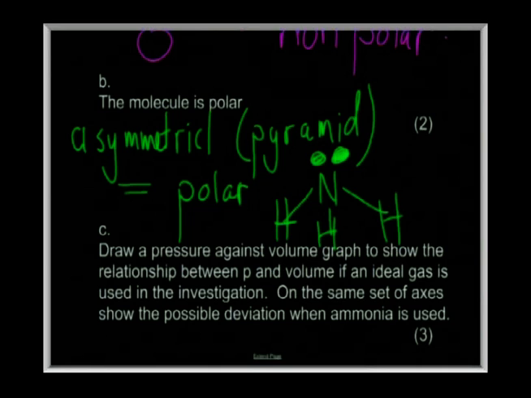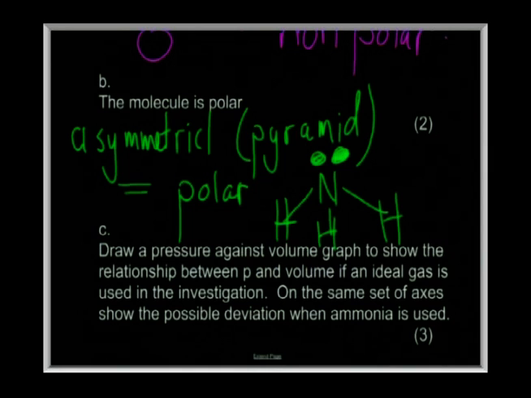The next question, now we're still dealing with ammonia. Draw a pressure against volume graph to show the relationship between P and volume if an ideal gas is used in this investigation. On the same set of axes, show a possible deviation where ammonia is used.